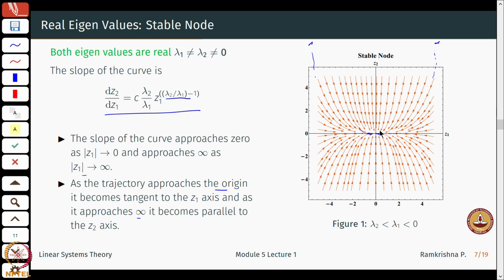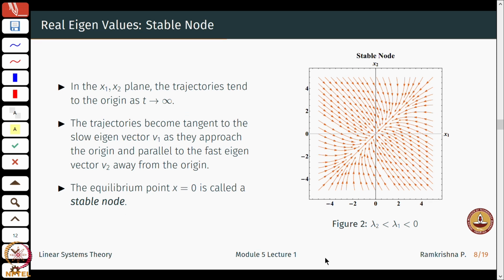Okay, let us go back to the x1 x2 plane and check what is happening here. In the x1 x2 plane, the trajectories tend to the origin again as t tends to infinity. Now, we have eigenvalues which are lambda 2 less than lambda 1, and both are less than 0.